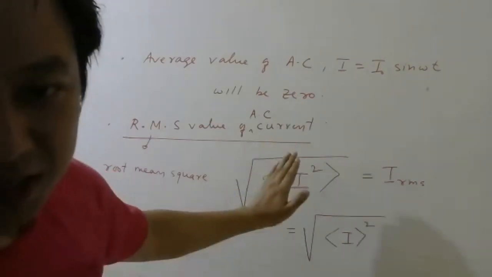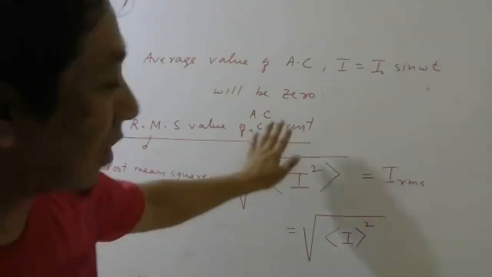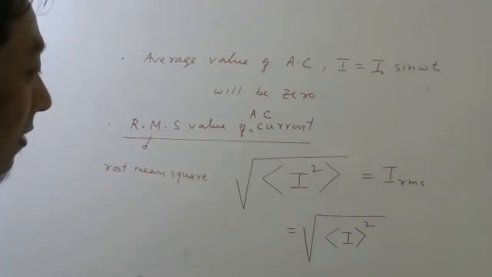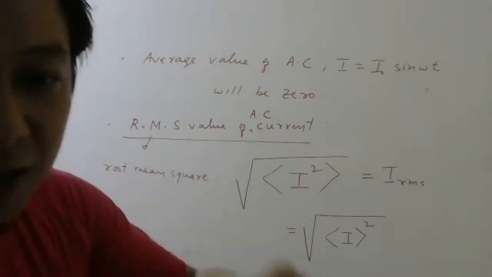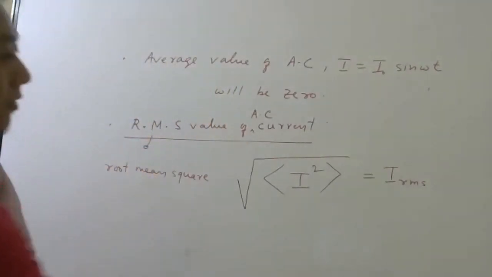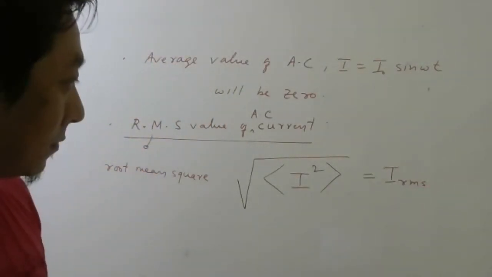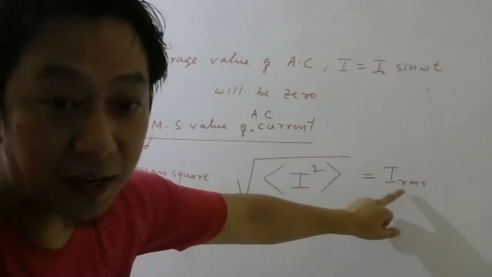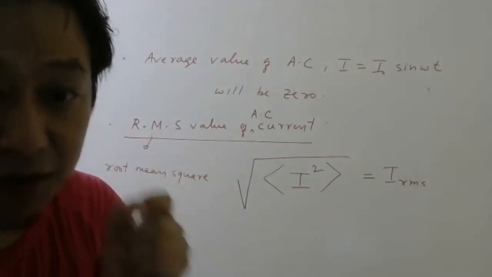Right now we are interested in current and voltage, so I am writing current and voltage. But this definition is true for any alternating quantity. So this is the current which will give you the effect of AC.